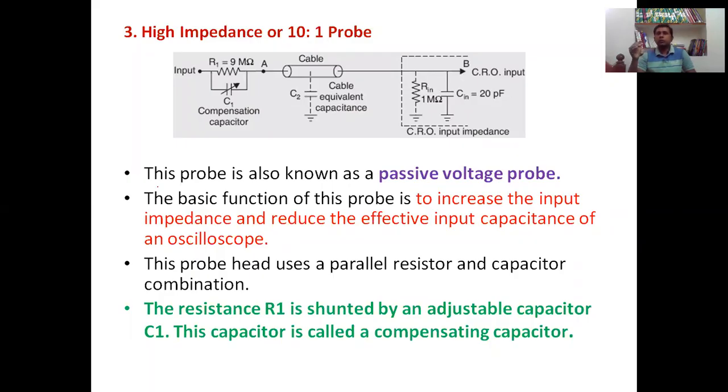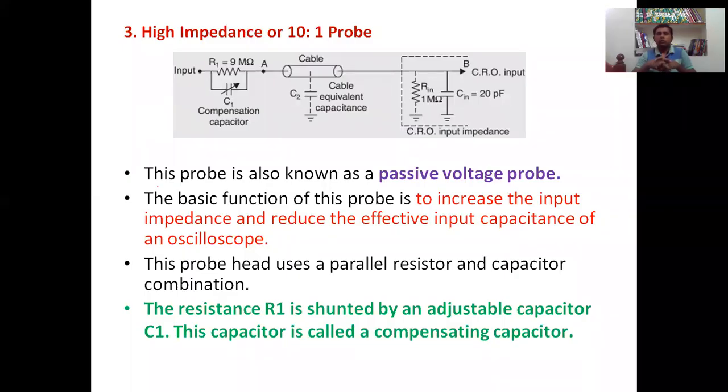The isolation probe overcomes the capacitance increment in the direct probe, and at the same time it increases the amplitude and slightly changes the shape of the signal, right? So to overcome this disadvantage and to carry over the same features of the isolation probe, third one we are going for the high impedance probe or 10:1 probe.